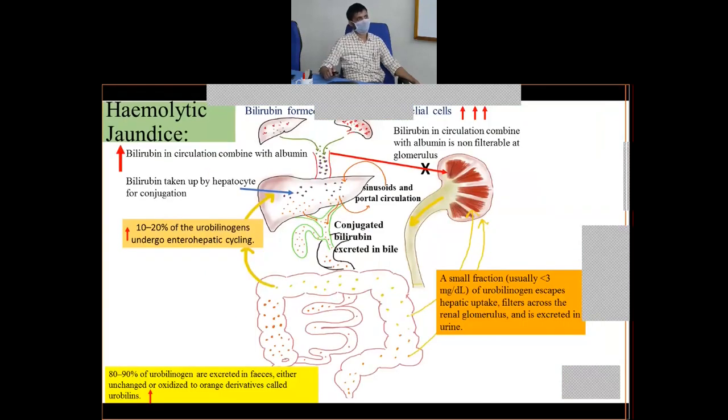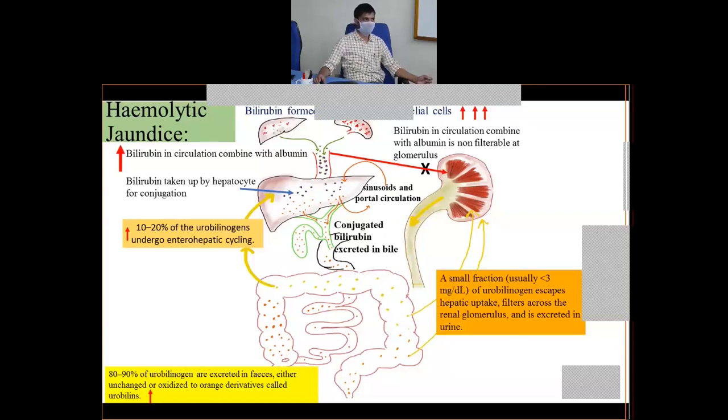So in hemolytic jaundice, what happens? You know the normal metabolism of bilirubin. Here there is excess production of bilirubin, and it gets conjugated normally and excreted into the large intestine, but the amount of bilirubin in circulation with albumin is increased. Bilirubin in circulation combined with albumin is not filterable at the glomerulus, and that ultimately leads to hyperbilirubinemia.